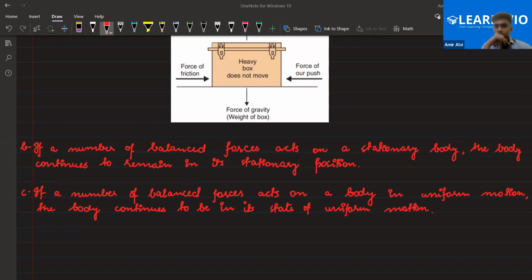Are there more parts? Yes, one more part is there. Chalo, let me write it.